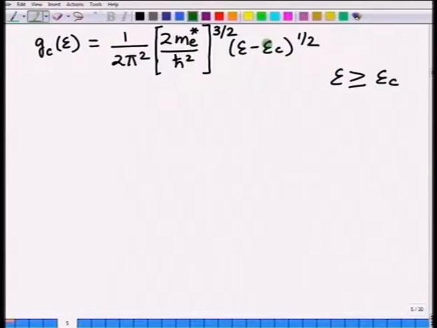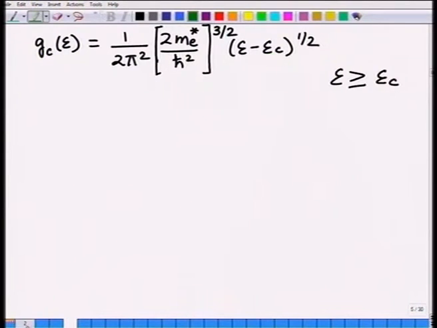But now, since this 0 is at the EC level for the conduction band, the density of states of electrons in the conduction band is 0 at energy equal to EC. Therefore, I have written this as E minus EC, so that at E equal to EC this density of state becomes 0, and I start mimicking the same curve. That's the first change I have made.